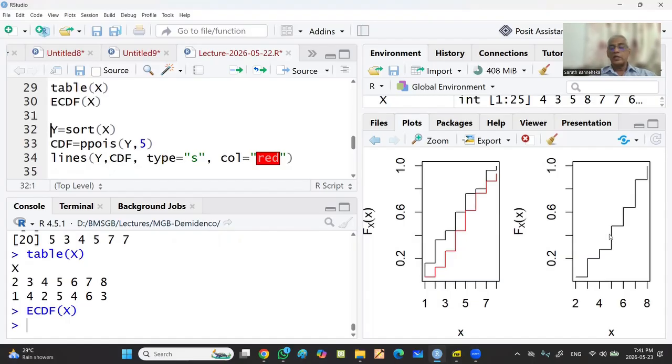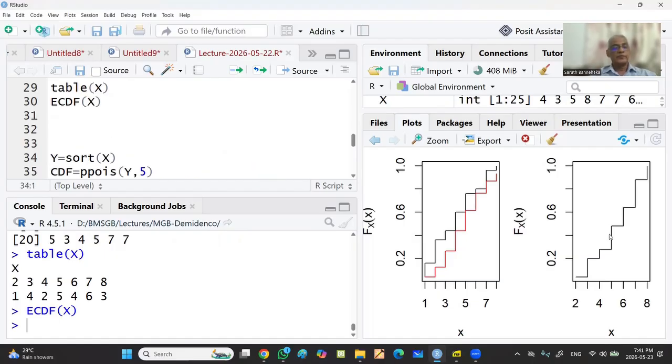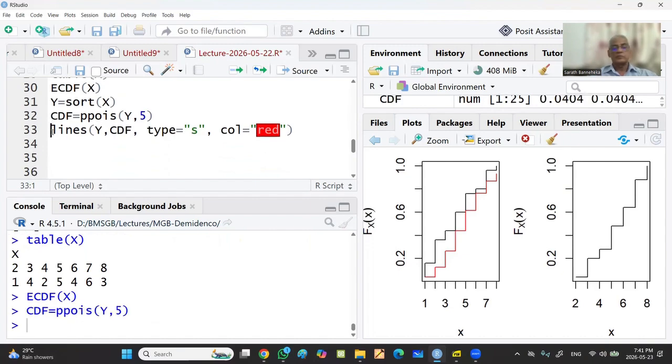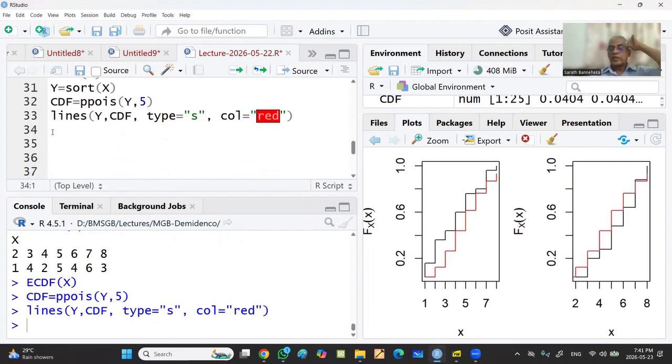Let me now draw the theoretical CDF again at those points. In this case, the theoretical distribution is above this one. So from sample to sample, the empirical CDF can be different.